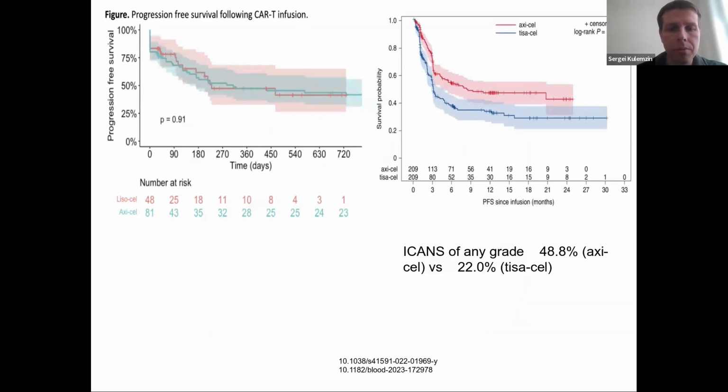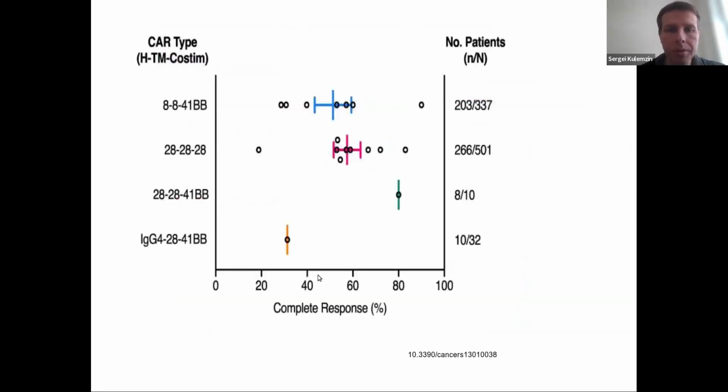When we perform some meta-analysis, we can see that Yescarta is a bit better. It also induces more CRS, so it's tougher for the patient, but it seems more efficient in controlling tumors. In a different meta-analysis, we see a better CR rate for CD28 signaling products, for Yescarta.